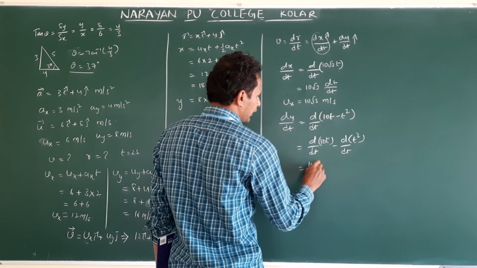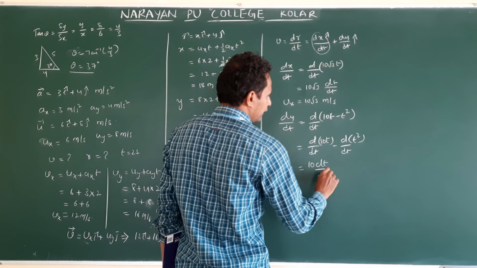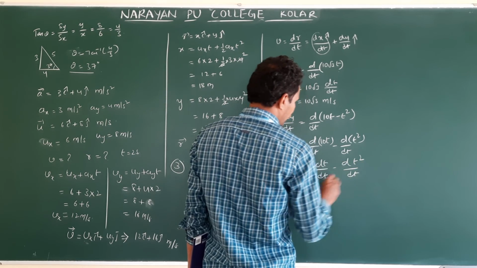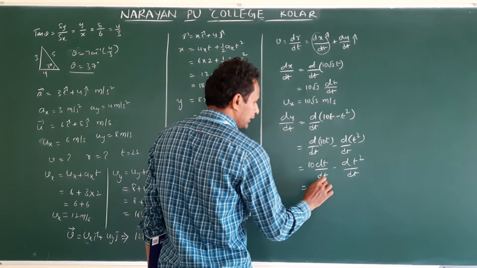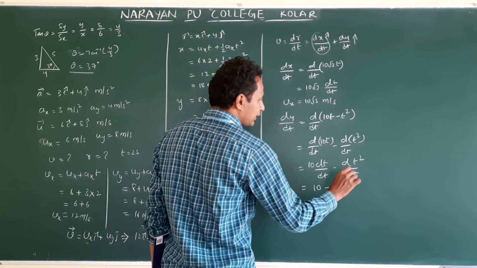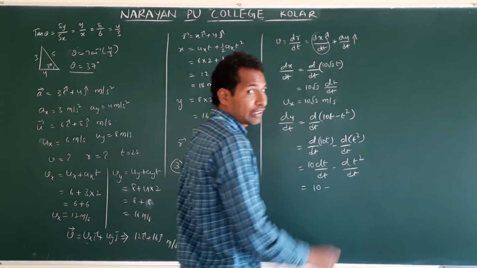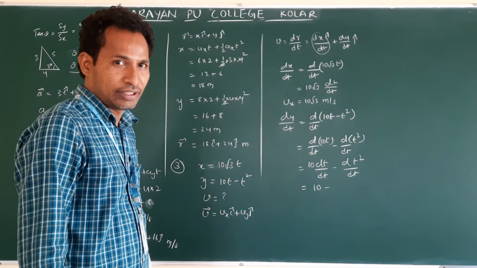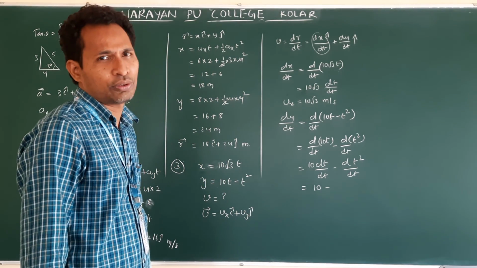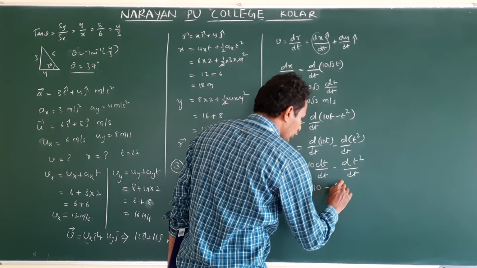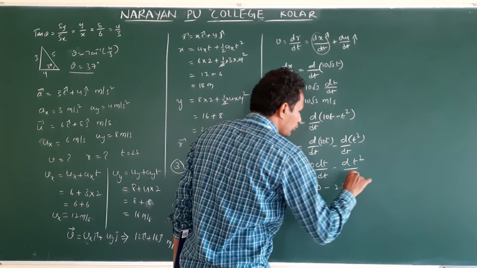This we can write 10 dt by dt minus d t square by dt. This is 1, dt by dt. 10 into 1, 10, minus t square differentiation. Already you have done it: d by dx of x power n is n into x power n minus 1. And this we will get 2 into t power 2 minus 1.